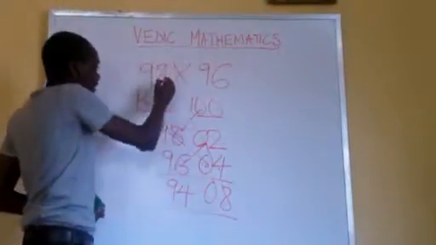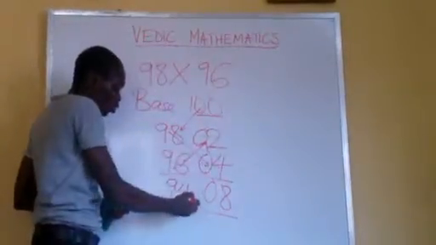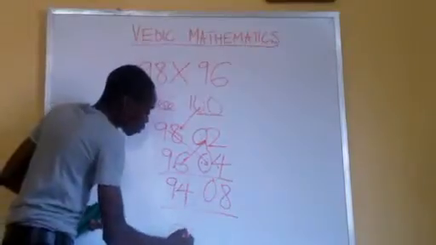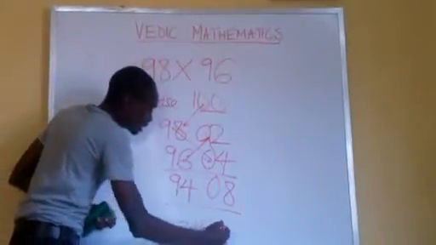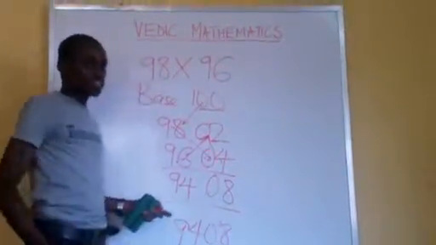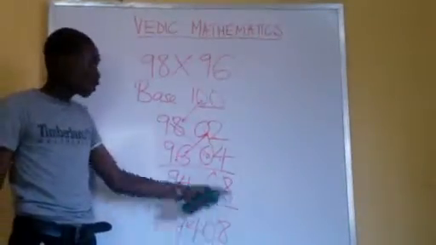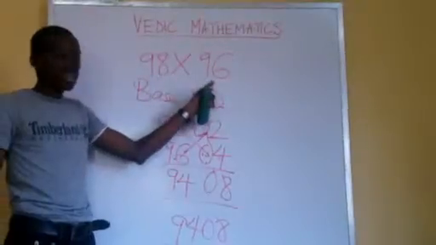So 98 times 96 is equal to 9408. If you make use of a calculator, this is the answer you get when you multiply 98 by 96.